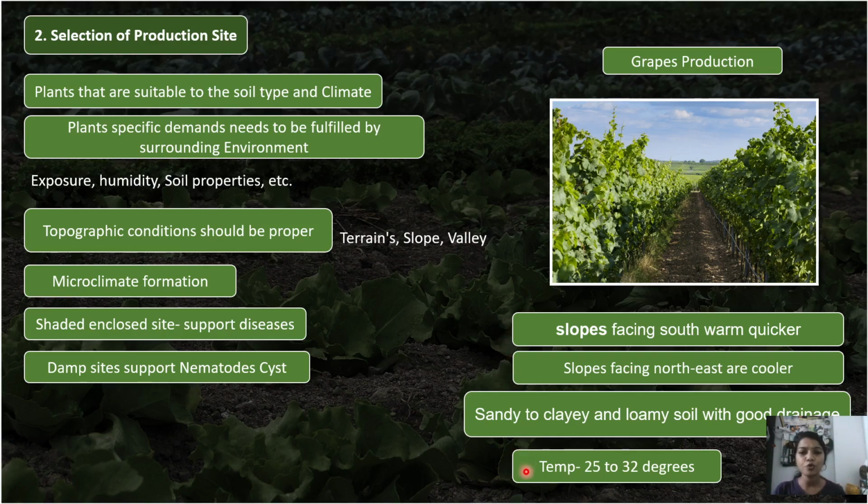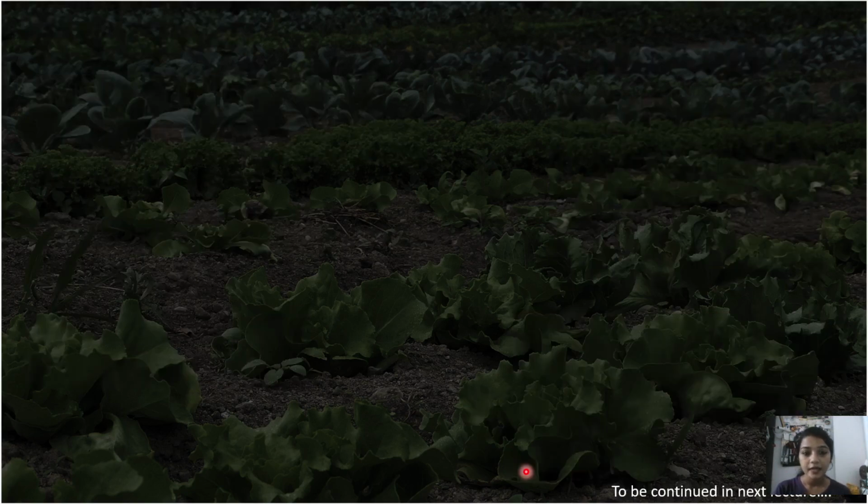If you try to grow a very exotic plant in an area to which it does not belong, ultimately this will cause harm to the environment, and this will invite more diseases, and the plant will become weak and it will not give you good produce, right?